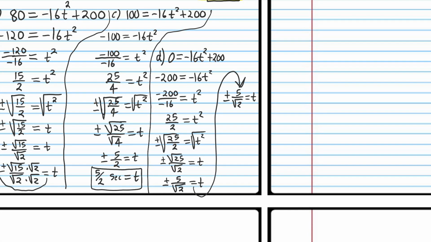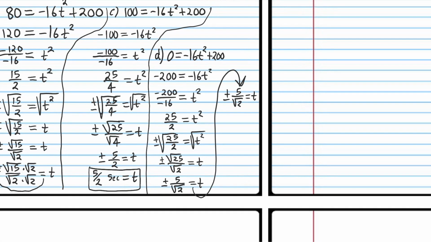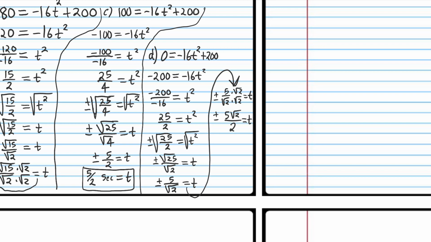I'm just doing it so you remember how to rationalize denominators and the various rules that we're using. And we're going to multiply both sides by root 2 because we want to get rid of that root. 5 times root 2, we can just write 5 root 2. Root 2 times root 2 is root 4, but that would just be 2. And we can get rid of the minus, so our final answer is going to be 5 root 2 over 2 seconds.